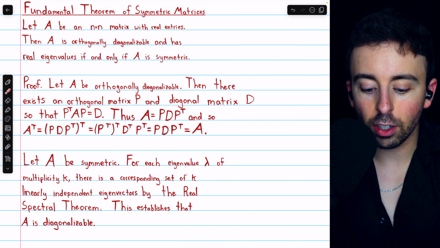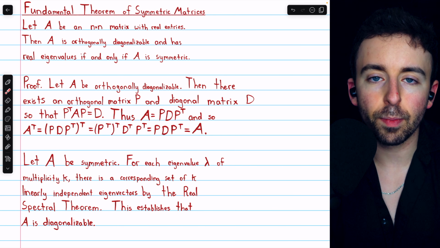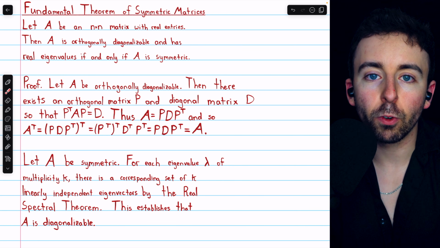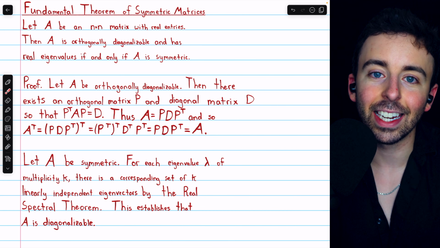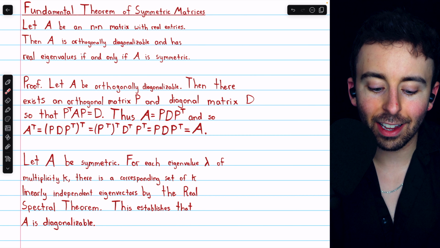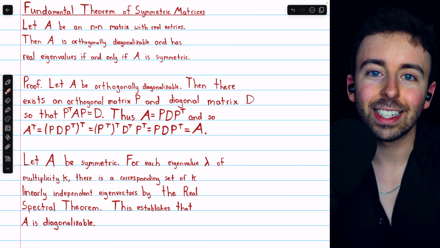And this is sufficient to establish that A is diagonalizable. We previously proved when discussing diagonalizable matrices that an n by n matrix is diagonalizable if and only if it has n linearly independent eigenvectors. So we know that A is diagonalizable. It's our goal now to show that it is orthogonally diagonalizable.